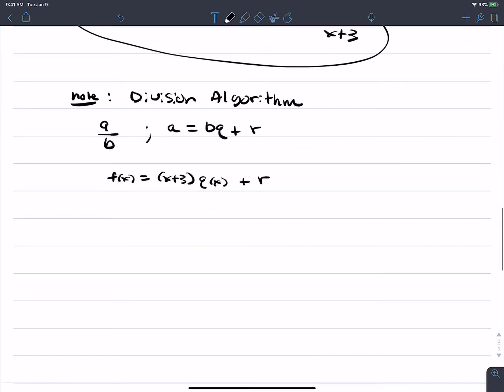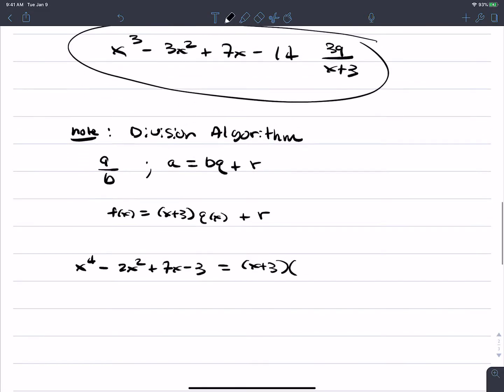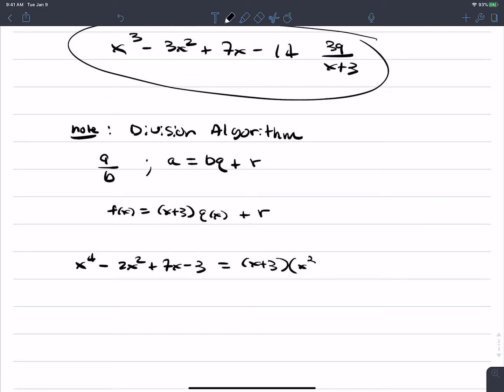If we started to write this, you're going to see x to the 4th minus 2x squared plus 7x minus 3 will equal x plus 3 times the quotient, x cubed minus 3x squared plus 7x minus 14, plus 39.